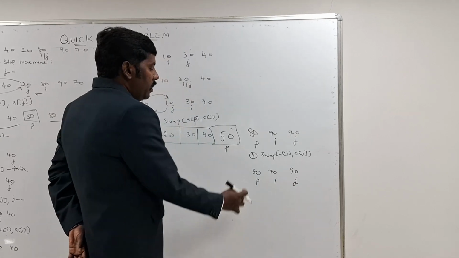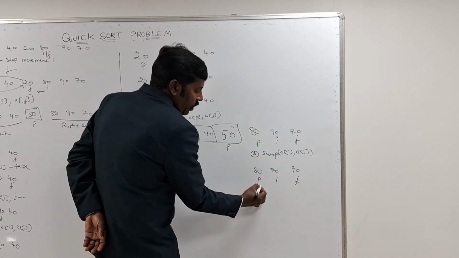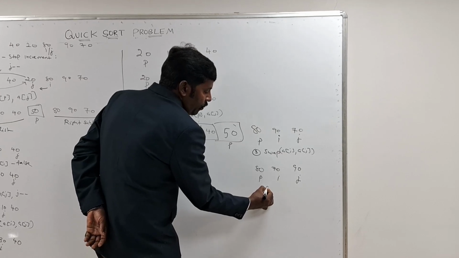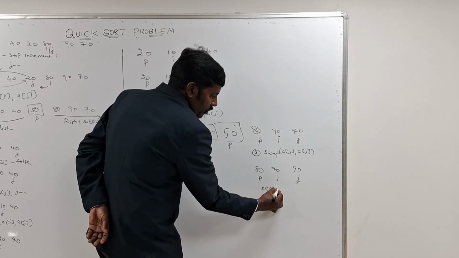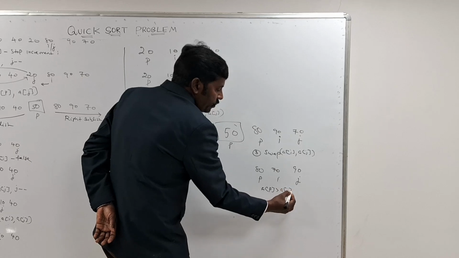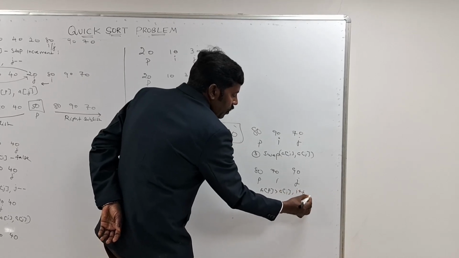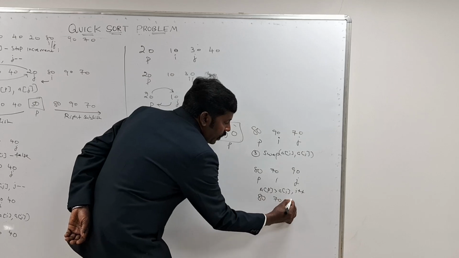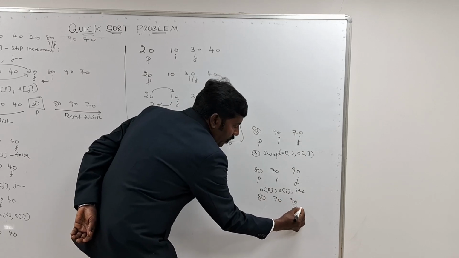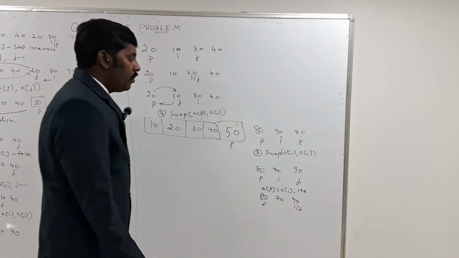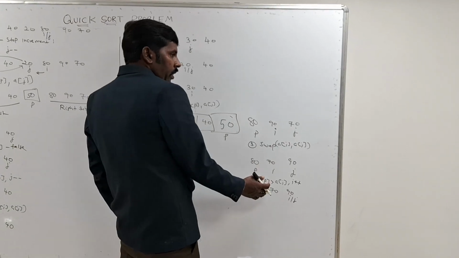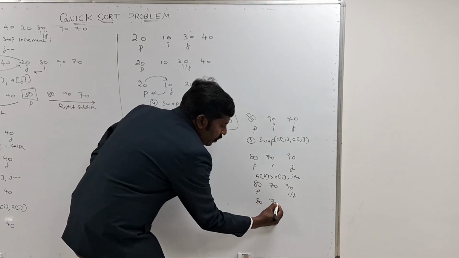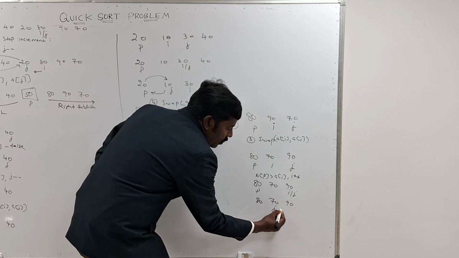Now condition number 1 is satisfied. A of P lesser than A of I, so I increments by 1, so I value moves to 90. 80, 70, 90, I comma J. Now the next I condition is false, then J decrements by 1.